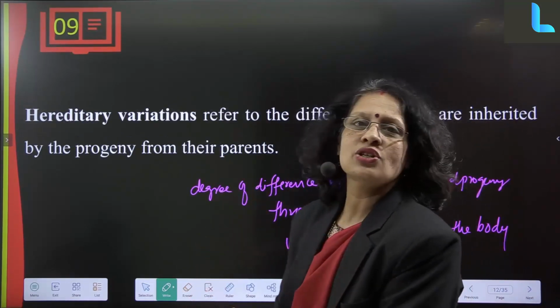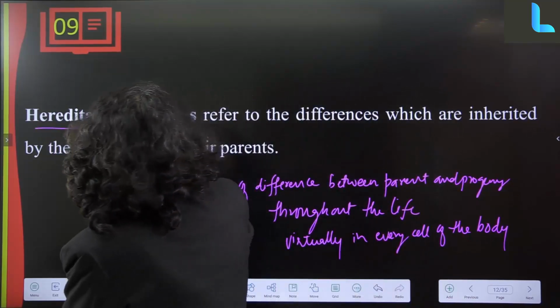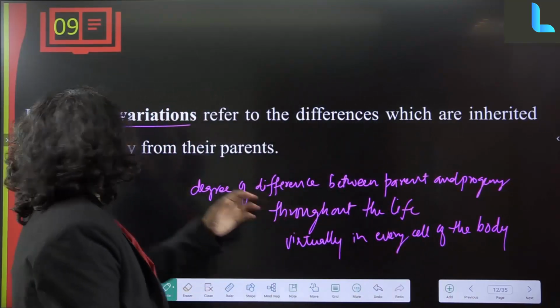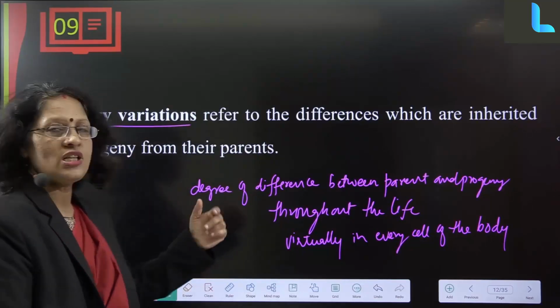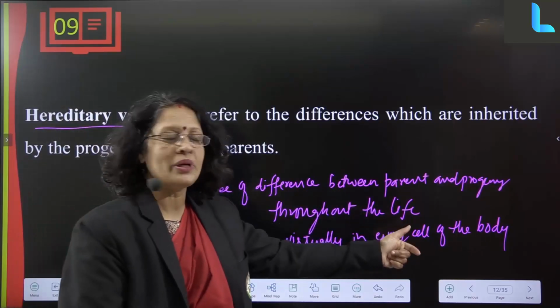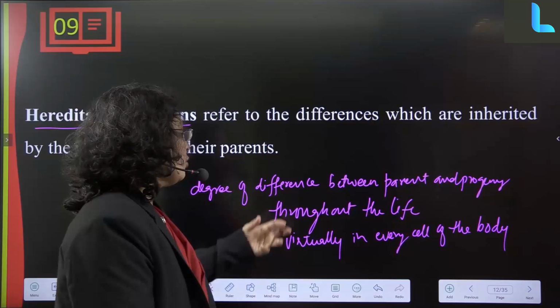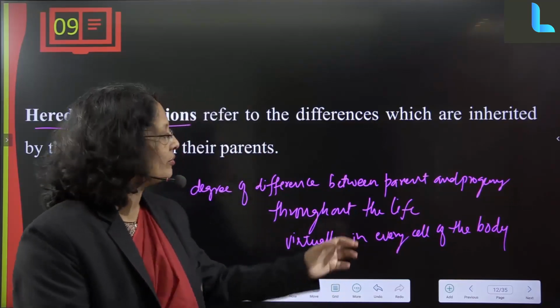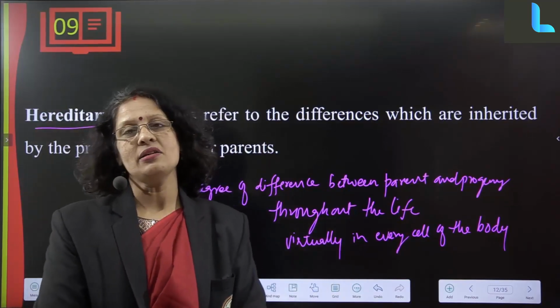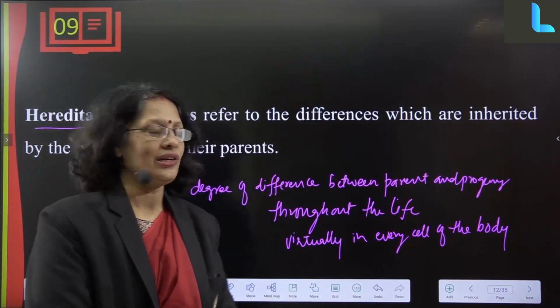So first, variation can be heredity variation. What is heredity variation? It refers to the differences which are inherited by the progeny from their parents, or we can say the degree of difference between parents and progeny. Like throughout life, virtually in every cell of the body, changes might happen. So that is called heredity variation. Okay.